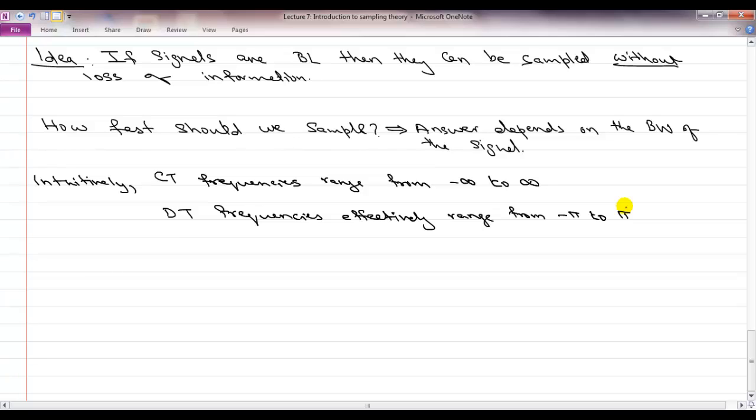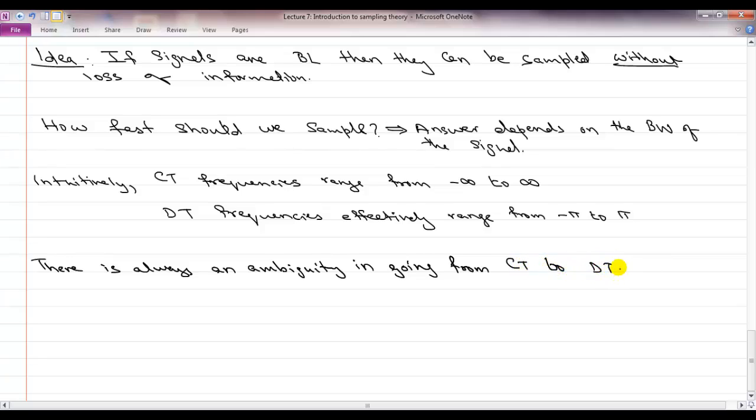And to illustrate this notion of ambiguity, when you go from continuous time to discrete time, so there is always an ambiguity associated with going from continuous to discrete, and to illustrate that, we really should look at the building blocks of the Fourier transform.